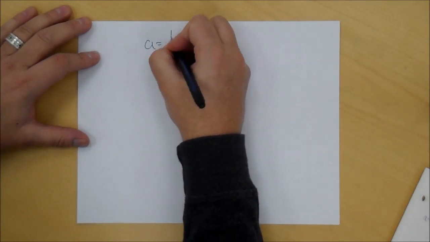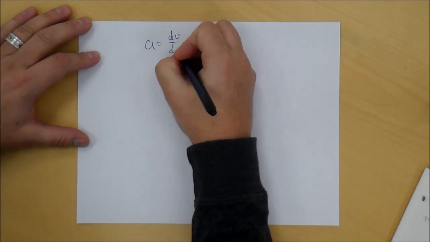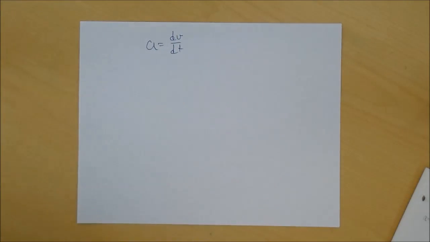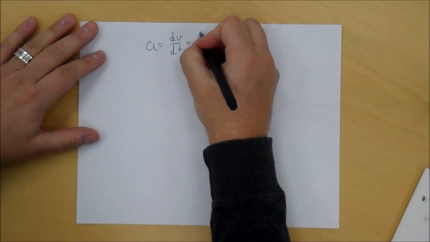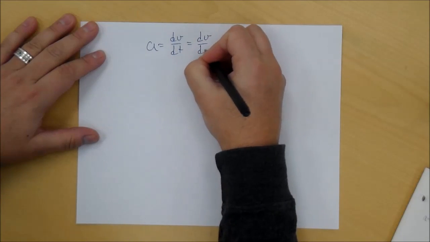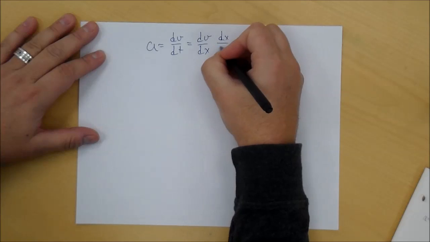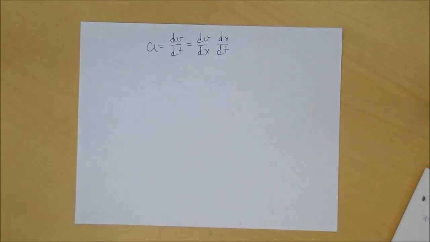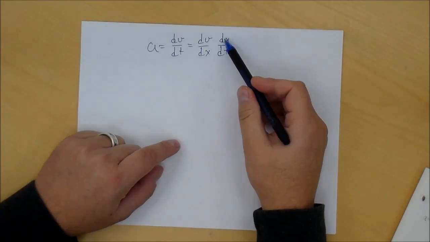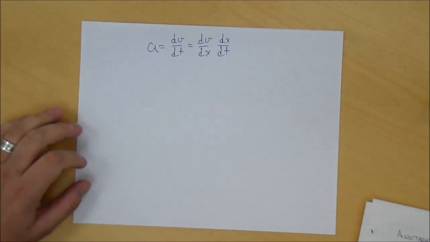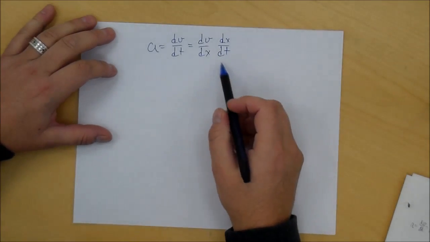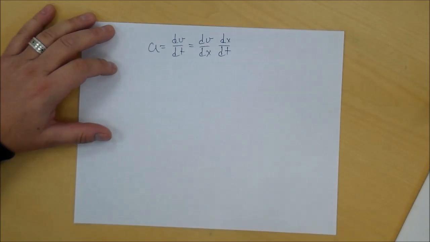Now the acceleration is equal to dv dt, right? I can use the chain rule to write this a little bit differently: dv dx times dx dt. So I really haven't changed anything. I've just multiplied this by dx over dx, which is 1. But I can rearrange this, right?